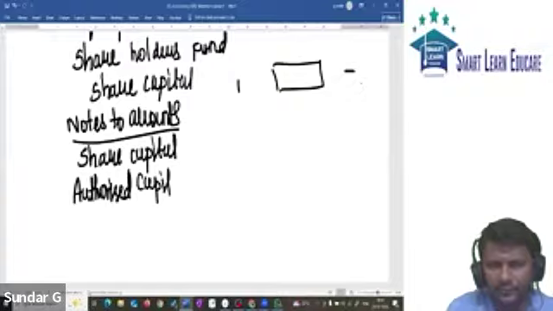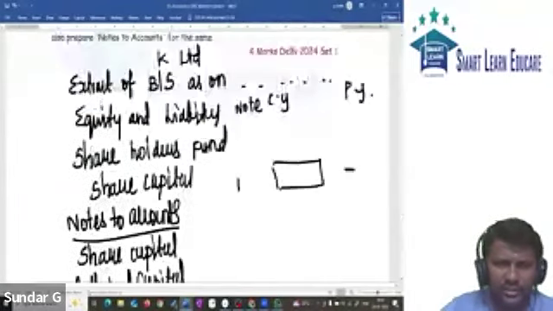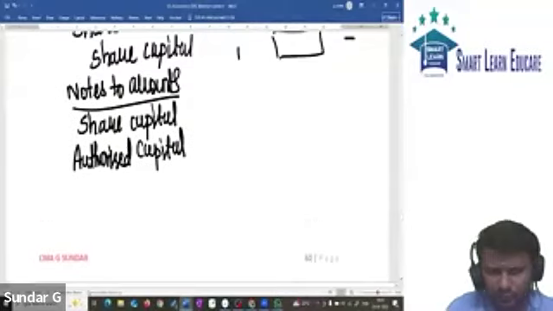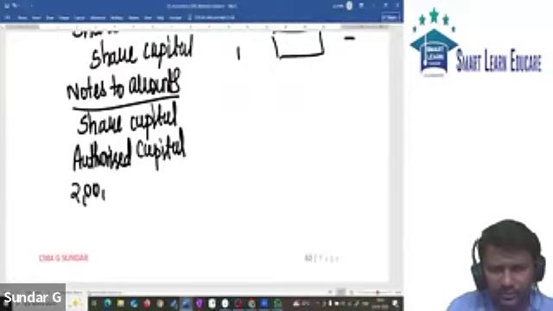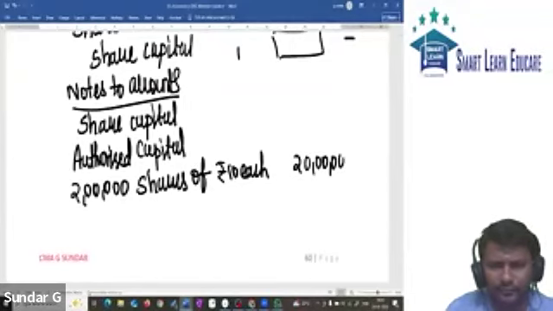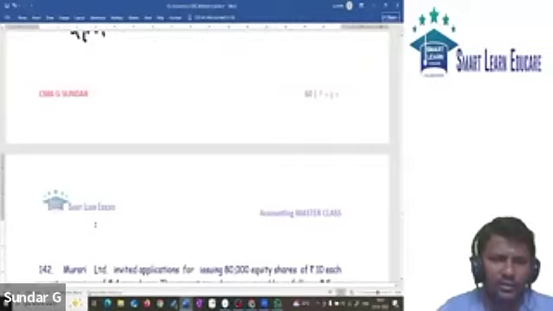How many shares? Totally 2 lakh shares of rupees 10 each. 2 lakh into 10 will give you 20 lakh.